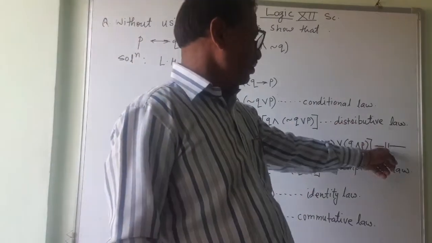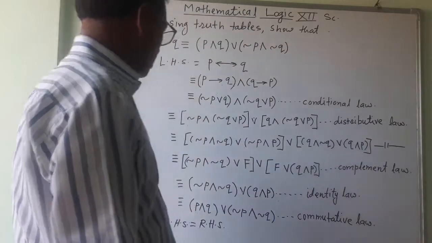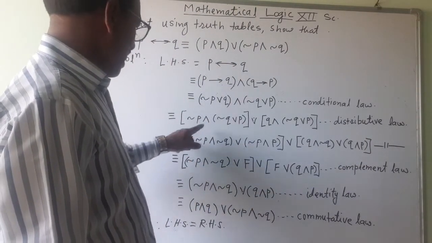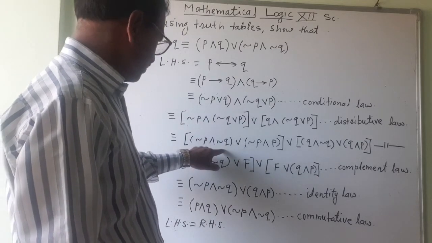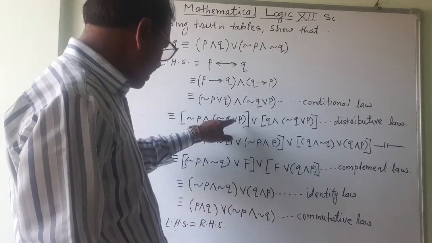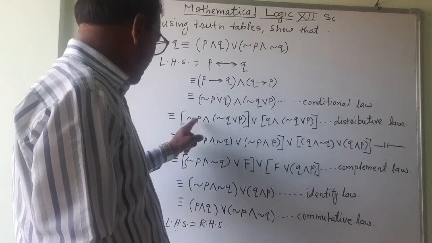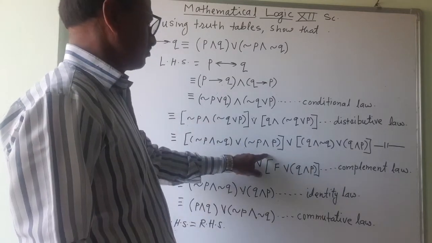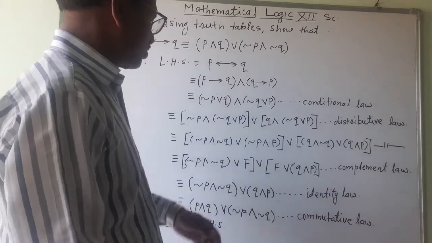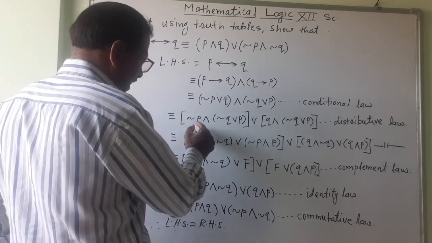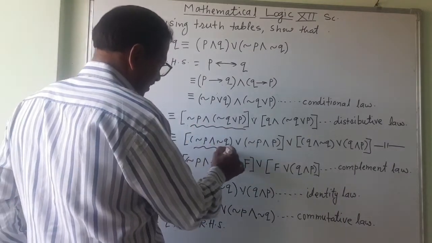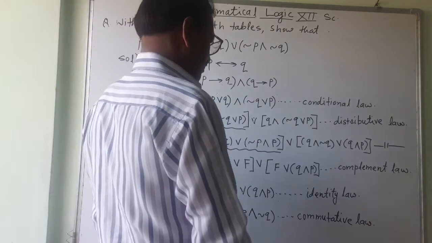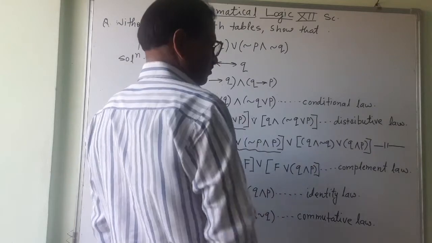Negation P and negation Q, then here it is OR, negation P and P. This is the distribution. Means for this bracket, this much is there, so this has come here.